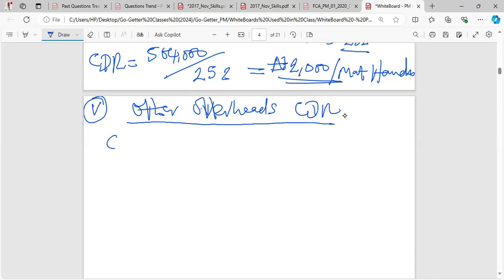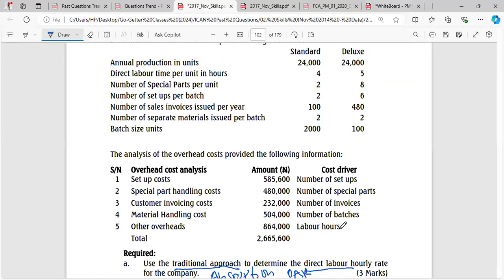So we have costs 864,000. Now what is the driving force? Labor hours. Now what's our labor hours?